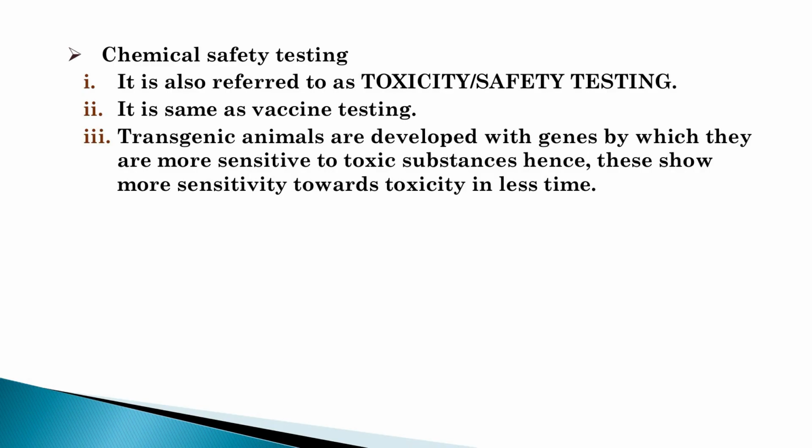So, the next and the last I want to discuss is chemical safety testing. This is also referred to as toxicity or safety assessment or testing. It is more or less like the vaccine testing. Transgenic animals are developed with genes by which they are very sensitive to toxic substances, and hence they will show sensitivity towards this toxicity in very little time.